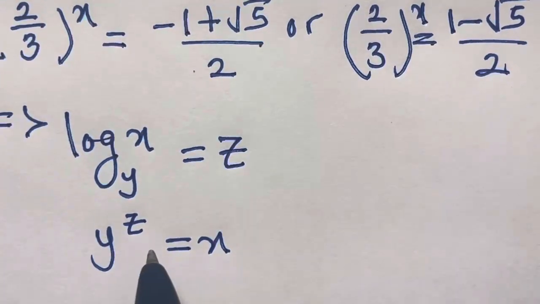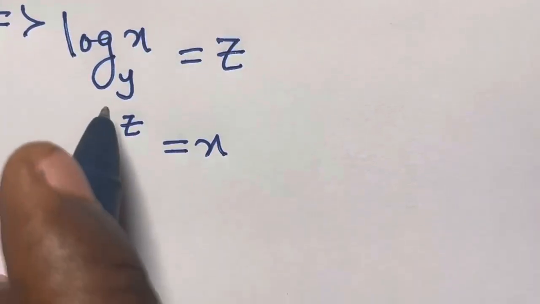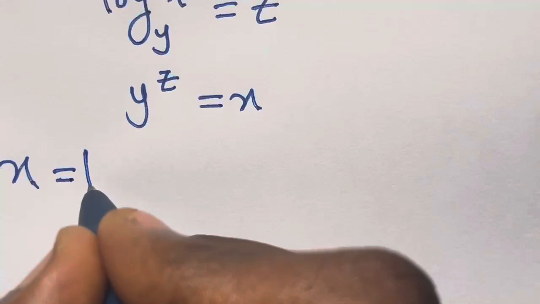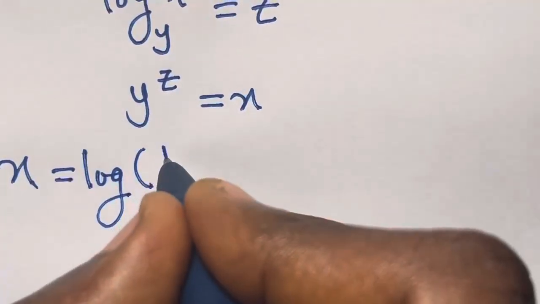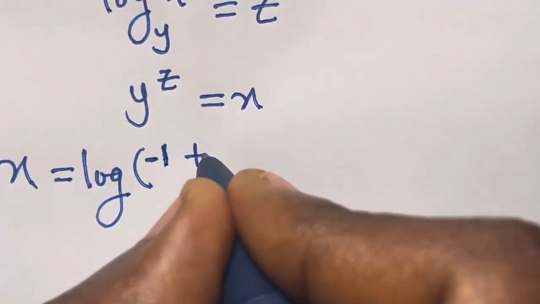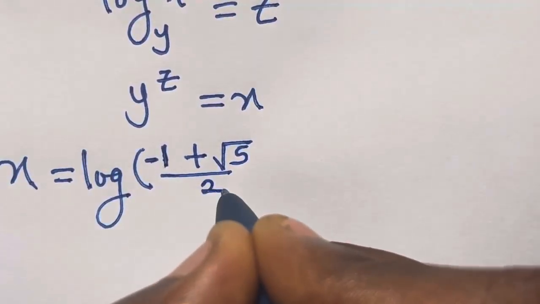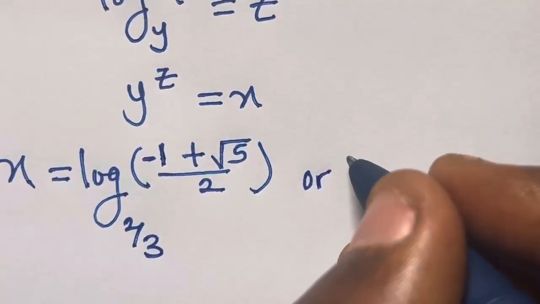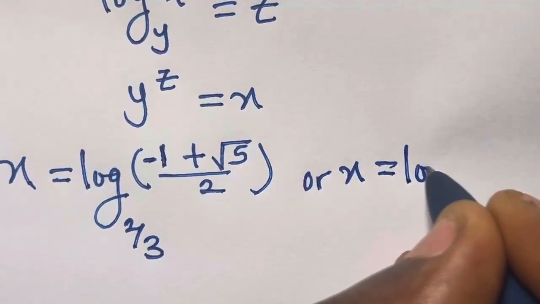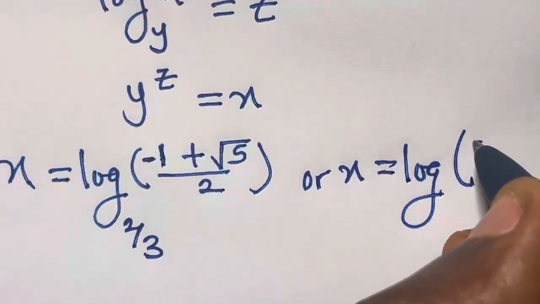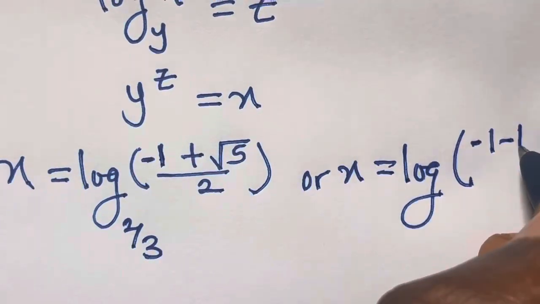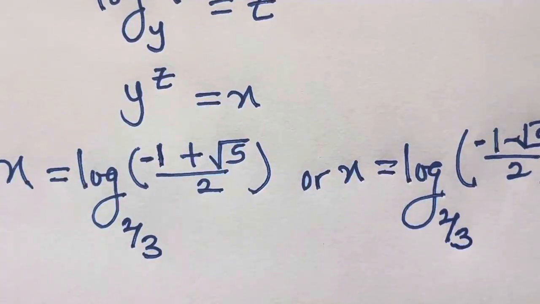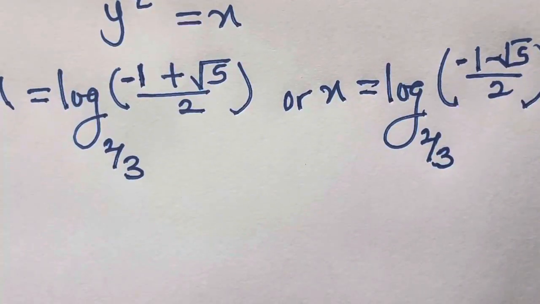So applying this, we have x to be equal to log of minus 1 plus square root of 5 divided by 2 in base 2 divided by 3, or you have x to be equal to log of minus 1 minus square root of 5 divided by 2 in base 2 divided by 3. But we have to note something here.